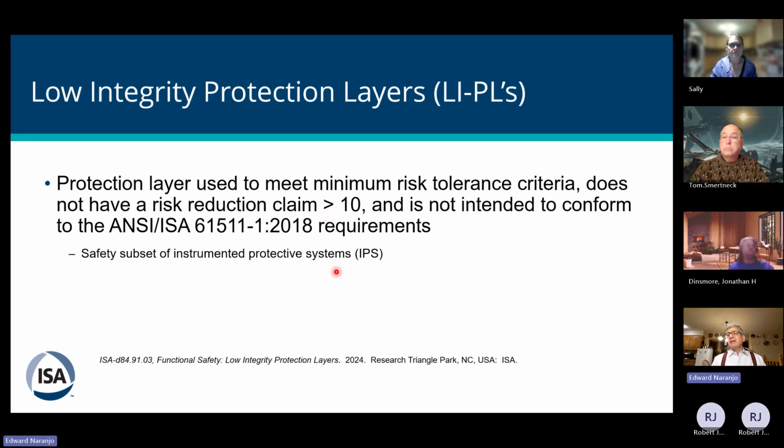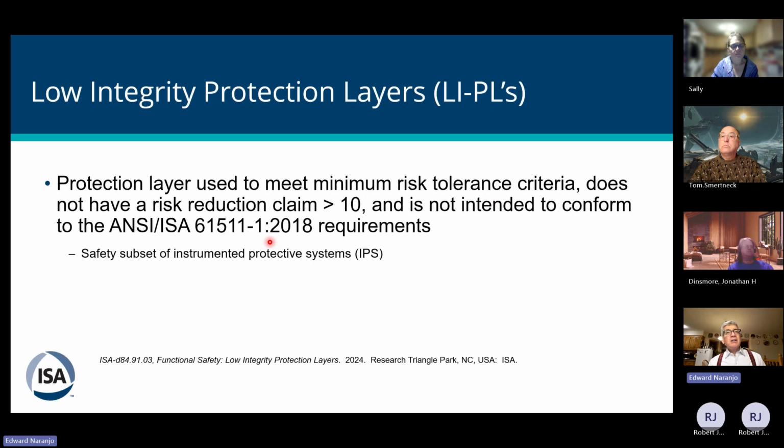So the best you can do with a LIPL is to assume an order of magnitude risk reduction. Okay? The other important piece here is that it is not intended to conform to ISA 61511 requirements. This is interesting.